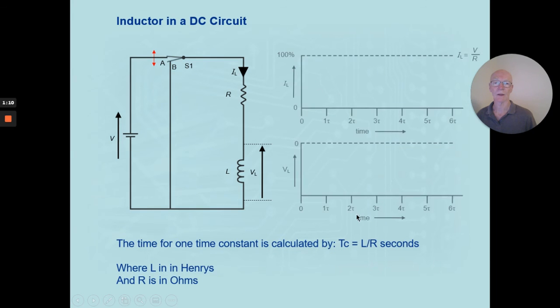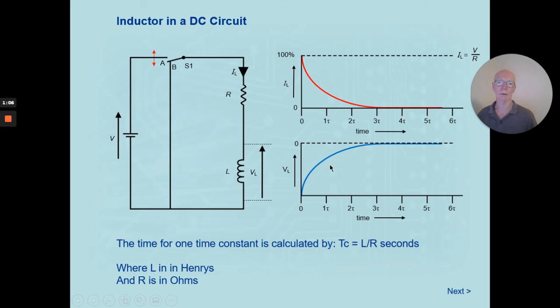The time constant is found by the formula: time constant equals L over R, where L is in henries and R is in ohms, and it's measured in seconds. And by the same token as with capacitors, in one time constant the value has changed by 63.2% of the maximum. And that's inductors in a nutshell.